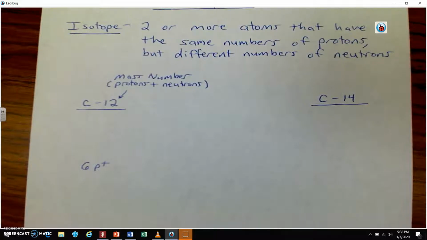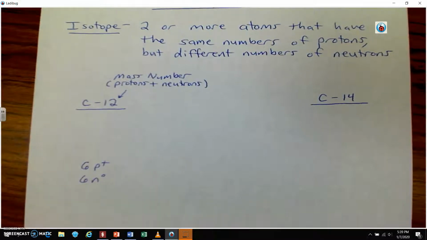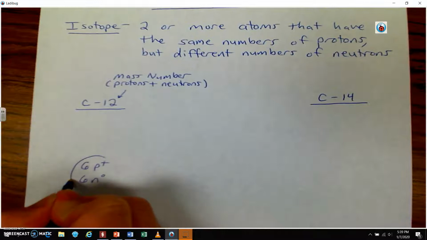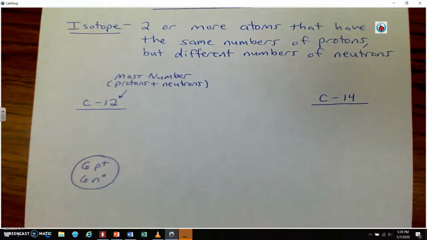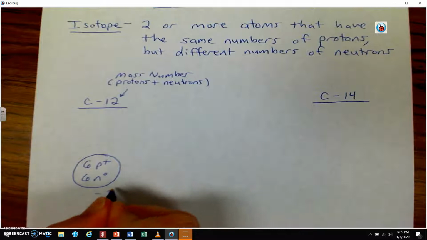And then normally, carbon has 6 neutrons. And we're going to put those in the nucleus. And then around the nucleus, we're going to draw our 2 dotted circles.